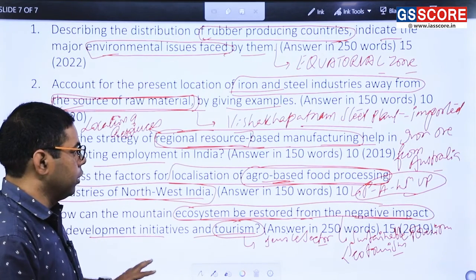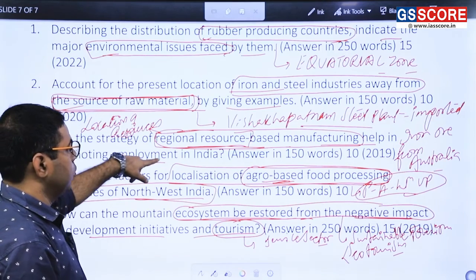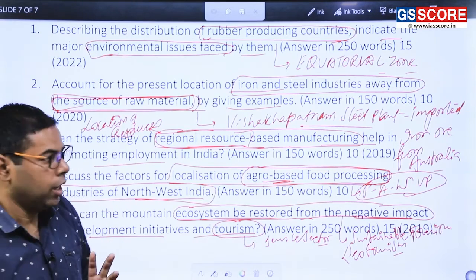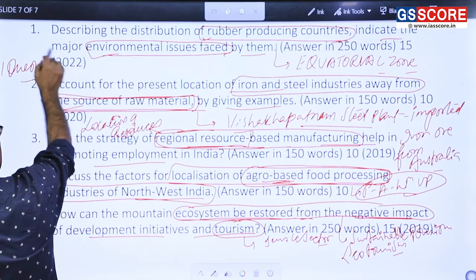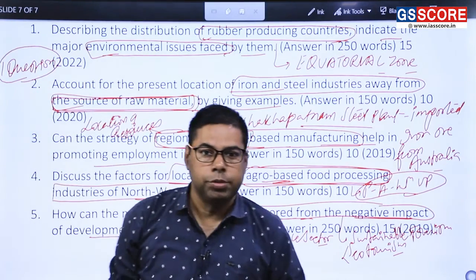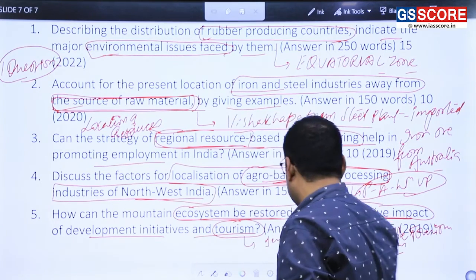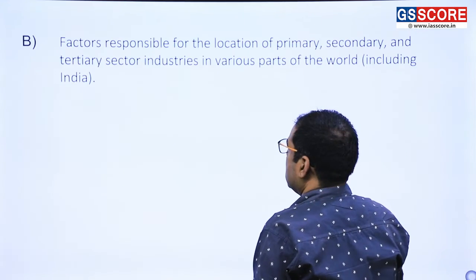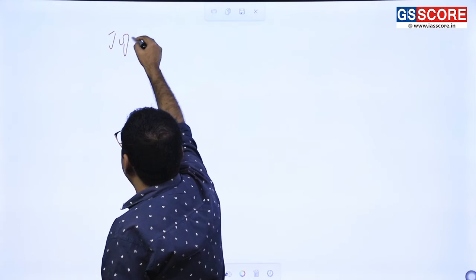So this area is very important. From 2022, 2020, 2019, at least one question is always visible in the question paper every year. So there are 4 sections or 4 topics in geography.